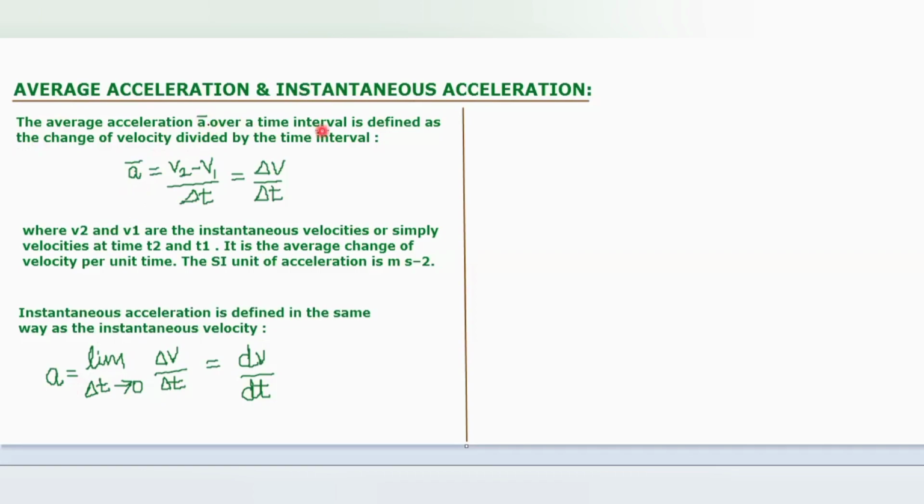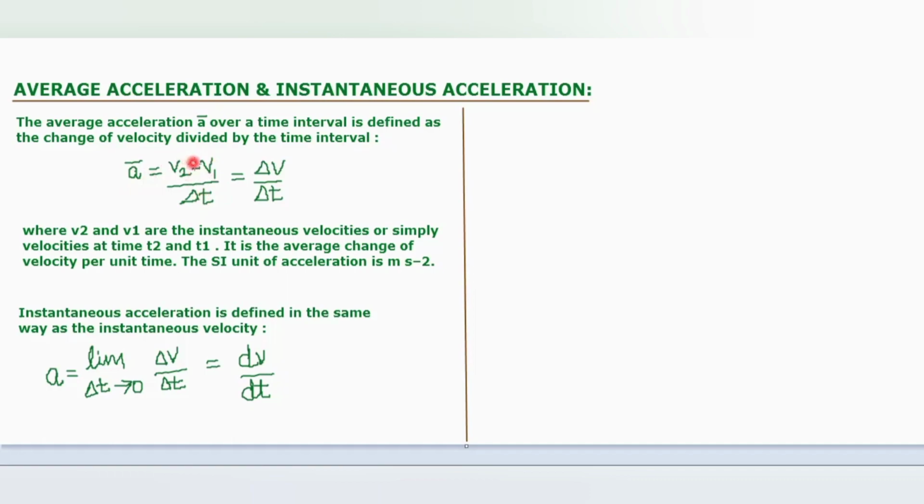Over a time interval it is defined as the change of velocity divided by the time interval. Like velocity is the change in position with respect to the time interval, average acceleration is the change in velocity with respect to the time interval. That is v2 minus v1 divided by del t.